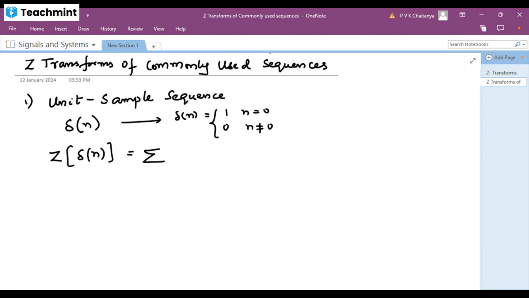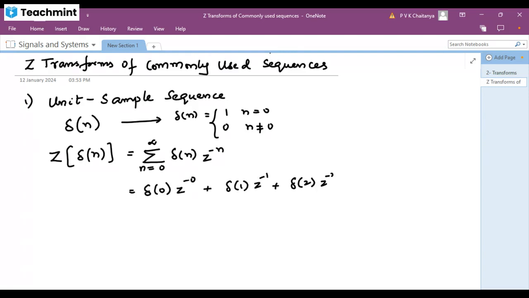So the transform of del of n means sigma n is equal to 0 to infinity del of n into z power minus n. This is equal to del of 0 into z power minus 0 plus del of 1 into z power minus 1 plus del of 2 into z power minus 2, and so on.